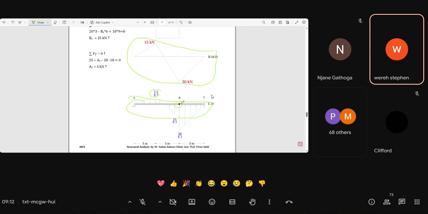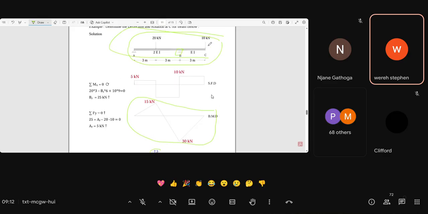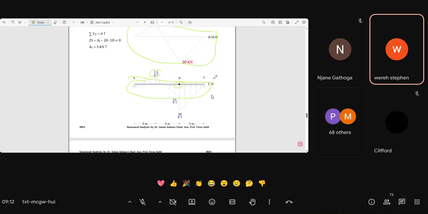Whenever you introduce a hinge in the middle of the beam, beam AB and beam BC now become separate beams, because it's like you have cut it into two. So there's no relationship between beam AB and beam BC. That's what we mean by a hinge. Then the other end, because it is a free end, now becomes a fixed end.